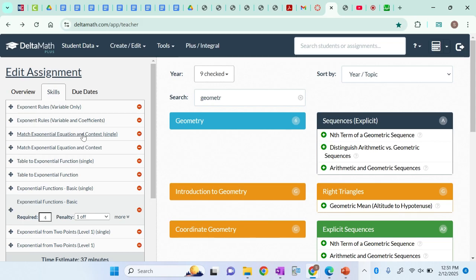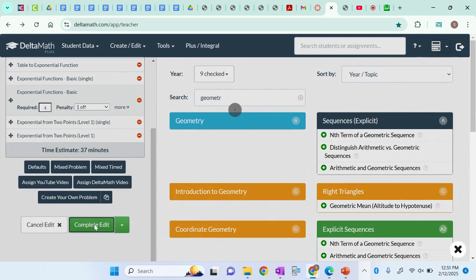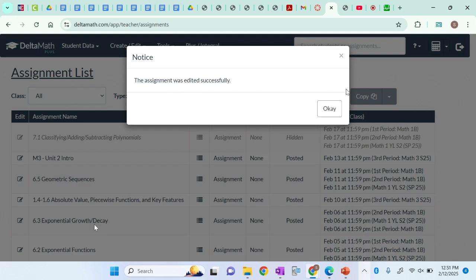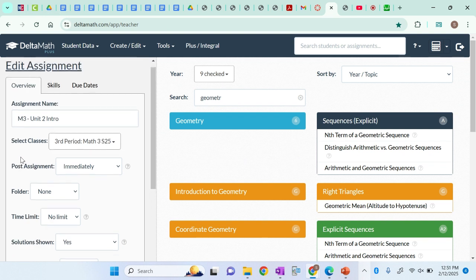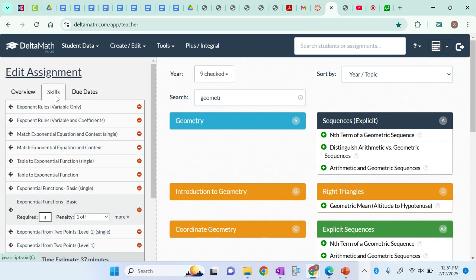So take a minute, get to Delta Math. My screen looks different than yours. This is my teacher mode. So get logged on to Delta Math, hit Math 3, Unit 2 Intro. Refresh it, it should pop. All right.